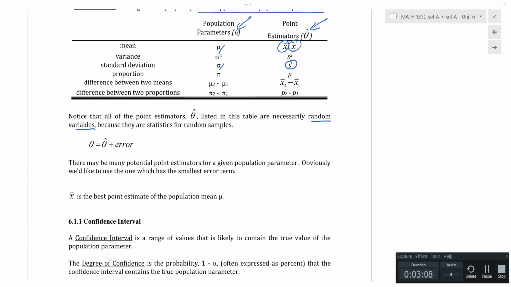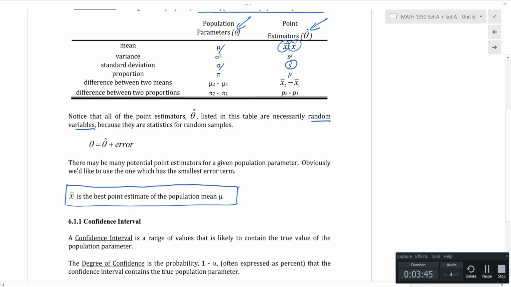We're expecting some kind of error there. The goal for us will be to use the best possible estimate that we can for a given population statistic.